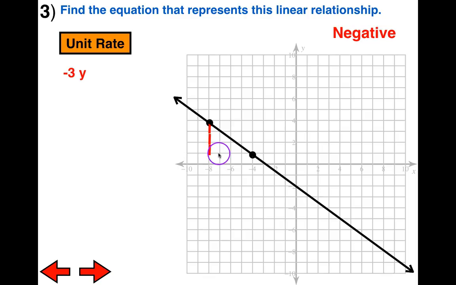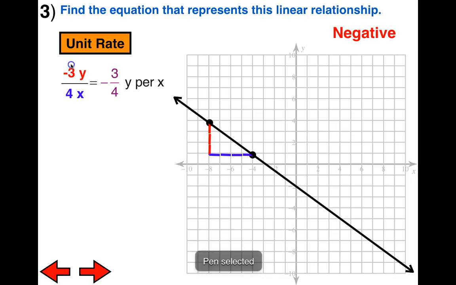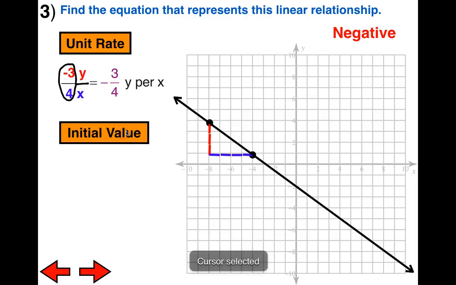Now in terms of x, it's moving 1, 2, 3, 4 x's. So I'm going to put -3y per 4x. This is the same thing as -3/4 y per x. And once more, let me show you. I basically split this up as a fraction. And then I put y per x.